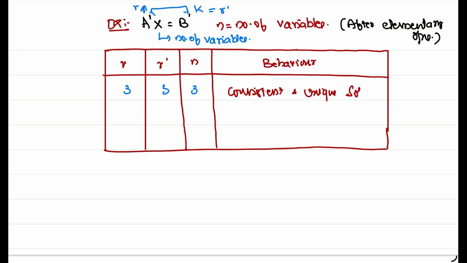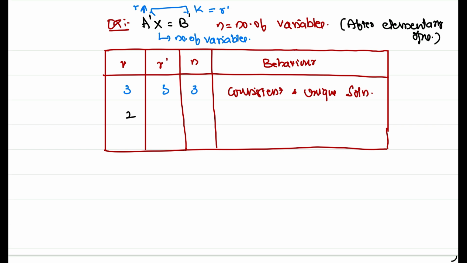This is a very important table. If rank of R is equal to 3, let us say, rank of R dash is equal to 3. Let us make this way.